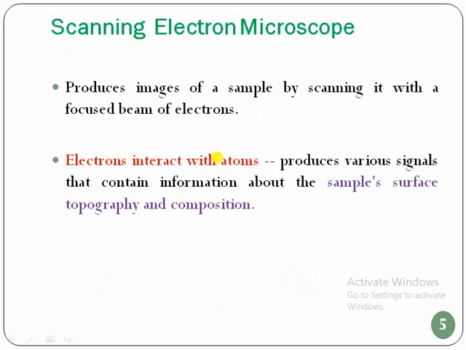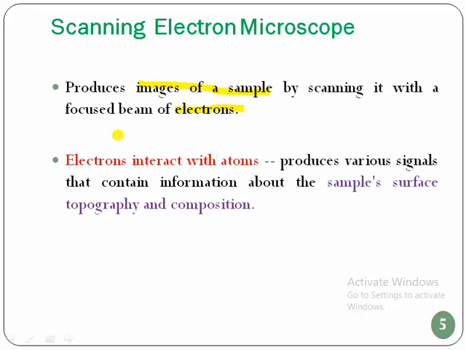It produces an image. Ultimately we have to scan by electron microscope. That's why it is named scanning electron microscope. It provides an image of a sample by scanning it with a focused beam of electrons. Means here we have to apply the electron beam and we will get the image.